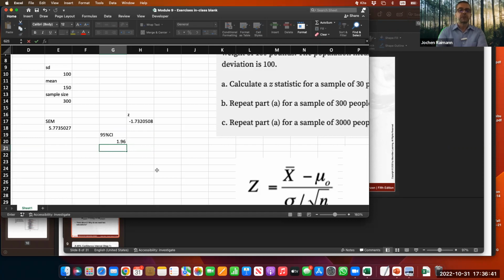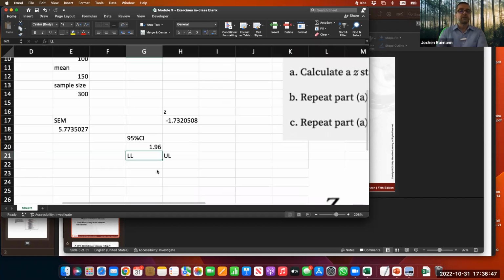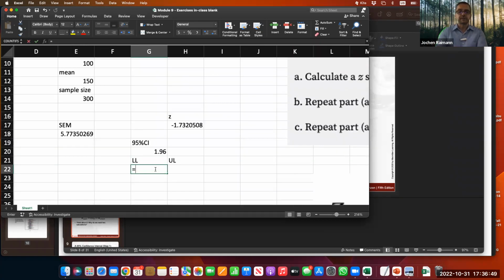So you want first a lower bound, and then an upper bound. Lower limit, upper limit. The upper limit is calculated as 1.96 multiplied by the standard error of the mean plus your mean, which is 150. The lower limit is your mean minus 1.96 multiplied by the standard error of the mean.